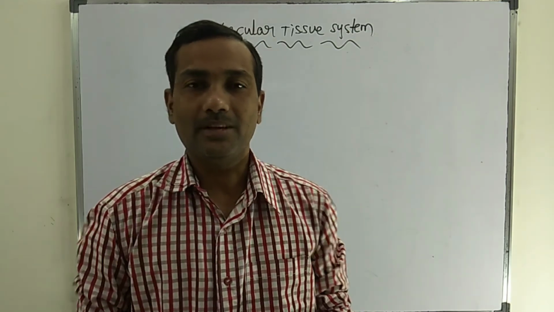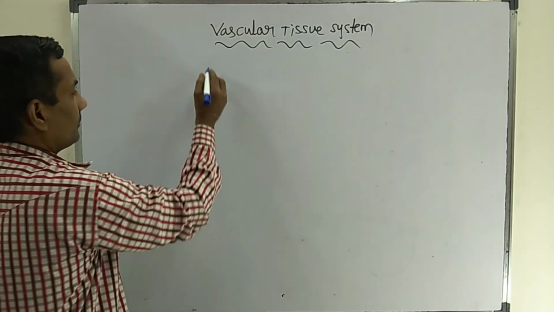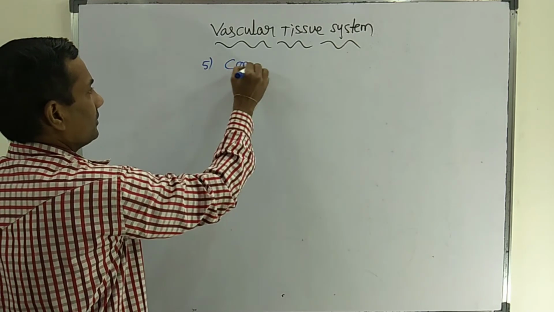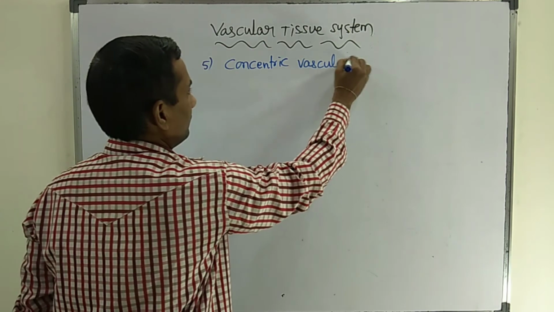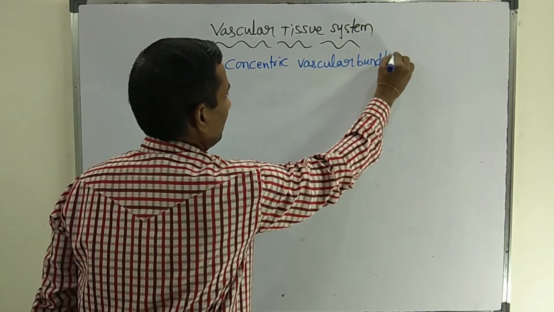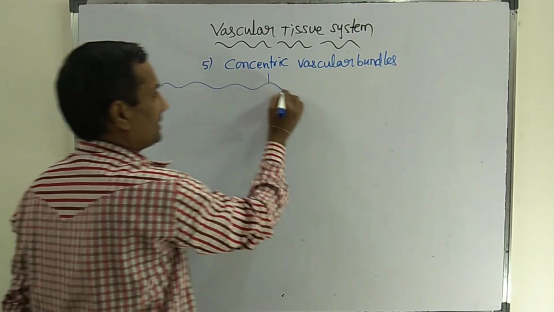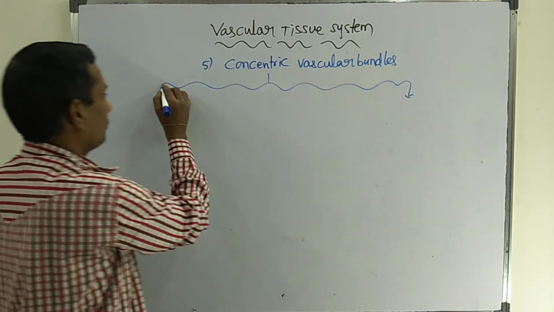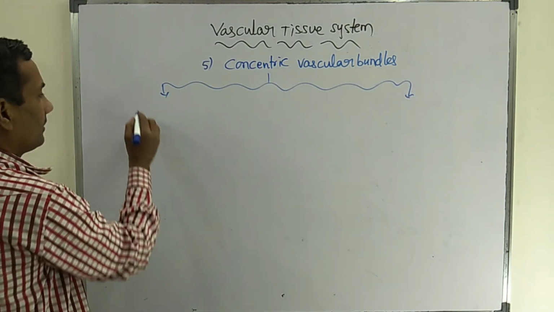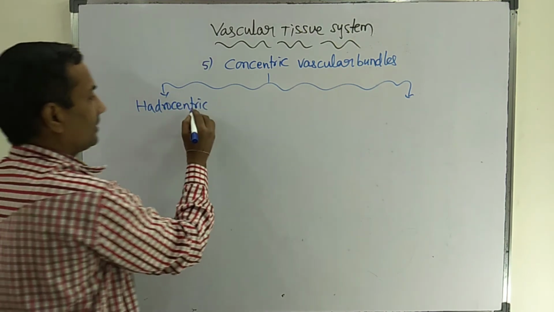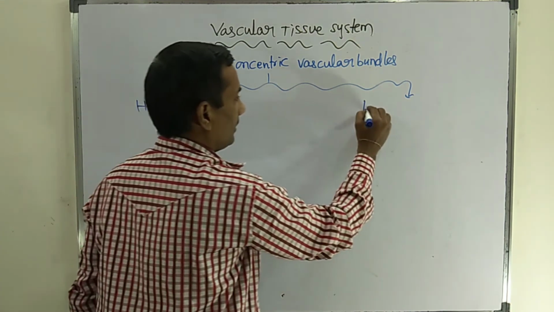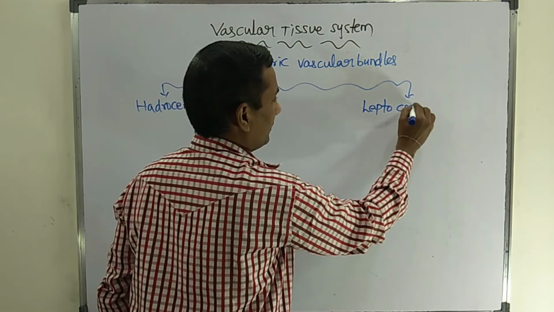Last type of vascular bundles, the 5th type, concentric vascular bundles. Concentric vascular bundles again have 2 types. Hadrocentric vascular bundles. Second type, leptocentric vascular bundles.